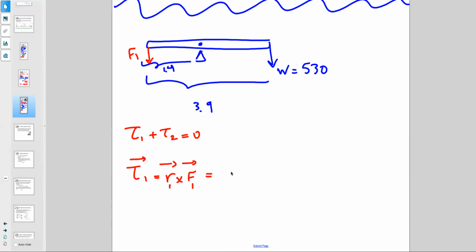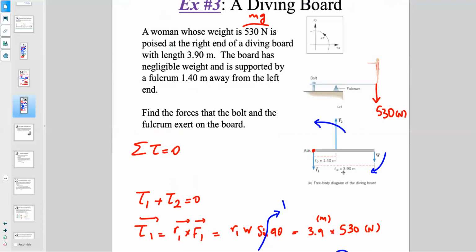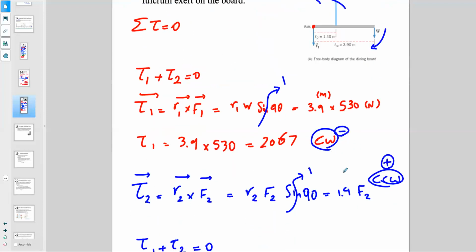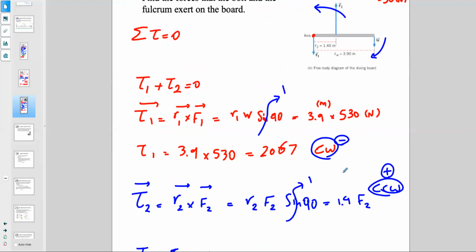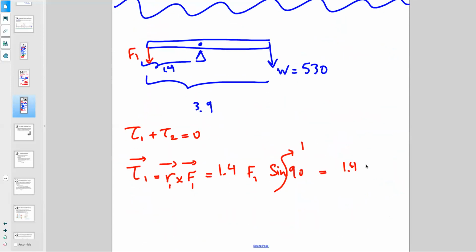R1 is 1.4, and F1 is unknown. So it's 1.4 times F1 times the sine of the angle between them, which is sine of 90 degrees, which is 1 all the time. So I have 1.4 F1.